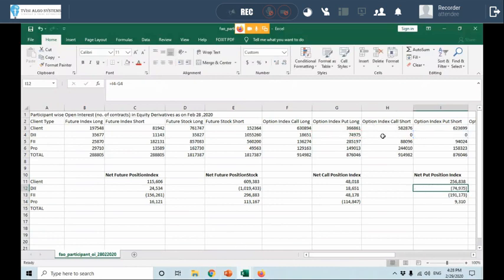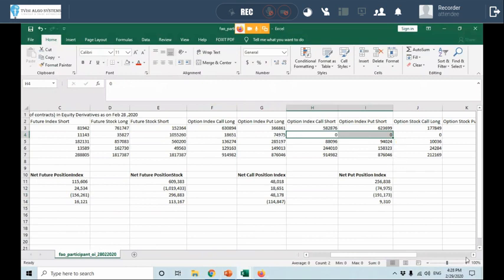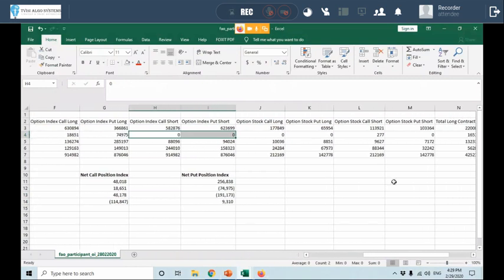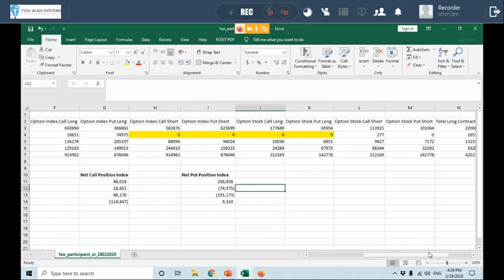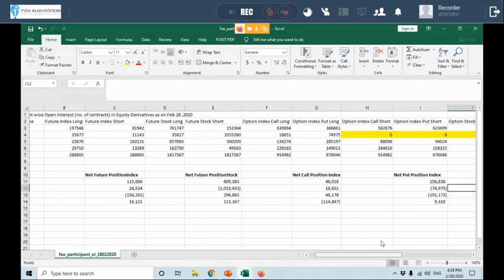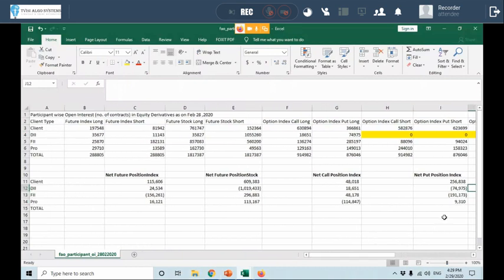See here, since they are not allowed to short, that's why it is 0. While doing analysis of DII, just keep this into account, always keep this into account. Now look at the FII position again.